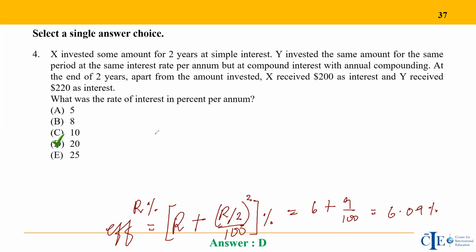Well, I'll simply say this is going to be 10 plus half of 10 is 5, 5 square 25, 25 on 100 is 0.25, and hence the effective yearly interest would be 10.25%. This gives it to you in a couple of seconds. So you can use this result directly. Okay, so this is one of the types that you can use for that.